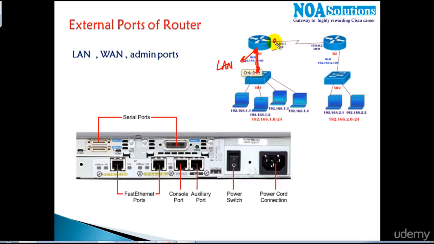And the port which is going to connect to your WAN, or the wide area network, or which is going to connect to a remote location, we call that particular port a WAN port. We'll get into more detail on WAN connectivity in our next sections. But in this section we'll try to understand the different kinds of ports you'll find on your router generally: LAN ports, WAN ports, and administrative ports.